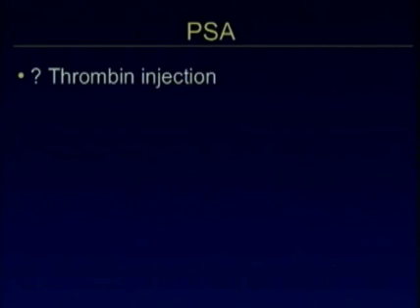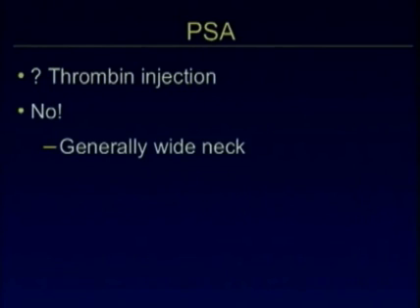So, would you like to do thrombin injection on these? I don't think so. Generally there is a wide neck for these pseudoaneurysms. You run a big risk of having the thrombin that you're injecting go back into the circulation, and these are best handled surgically.